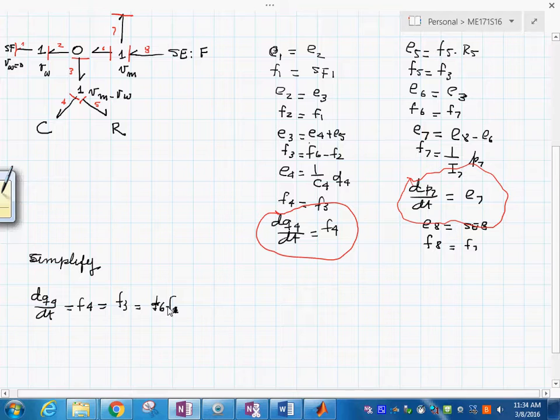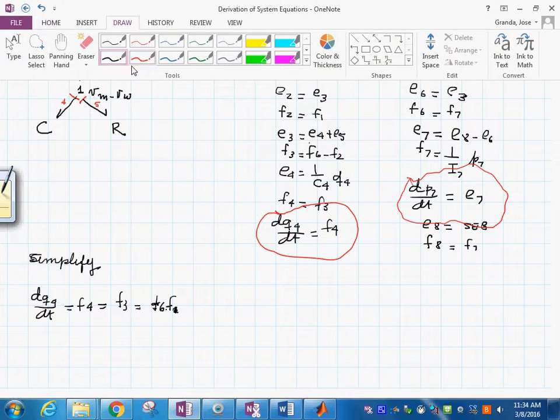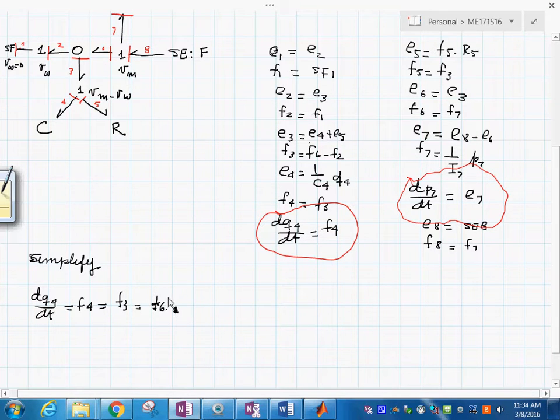It is 1 over I7 p sub 7 minus SF1. So we have finished the first differential equation in a simplified form. This would be 1 over I sub 7 p sub 7 minus SF1. And this is going to be my first equation.